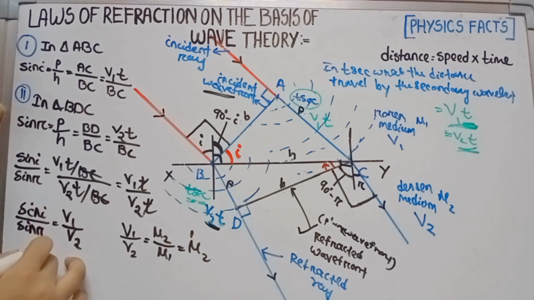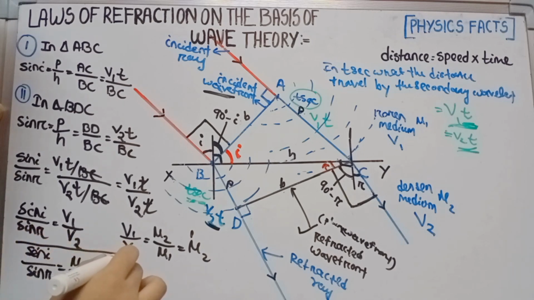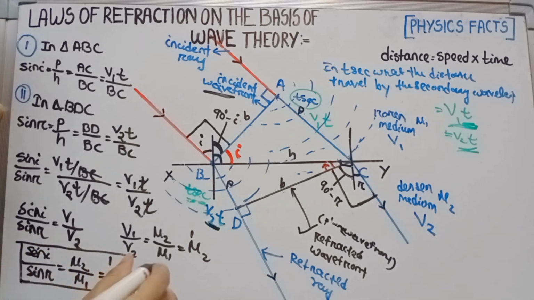So sin I by sin R equals mu2 by mu1, equals mu21. This is Snell's law. Here we proved, or derived, Snell's law from Huygens wave theory.